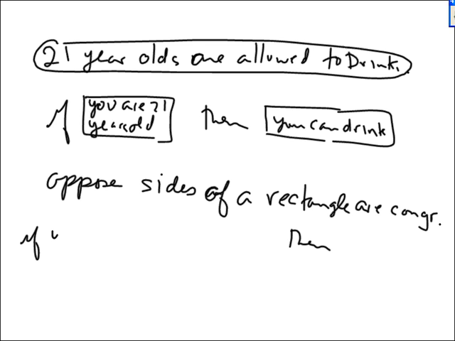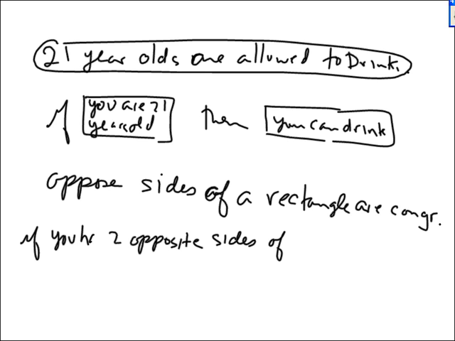If you are two opposite sides of a rectangle, then you are congruent. Let me not say are. How can you be both?